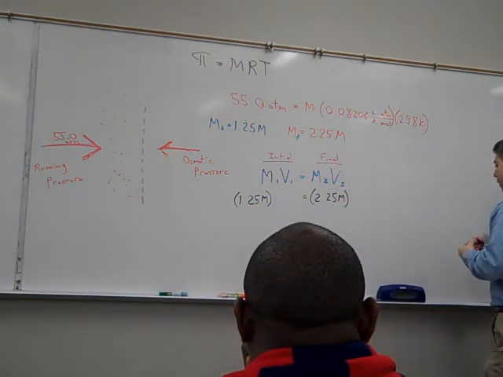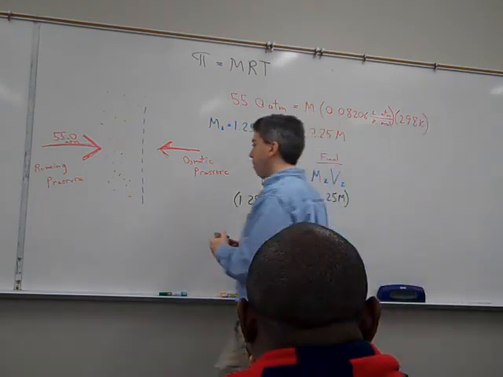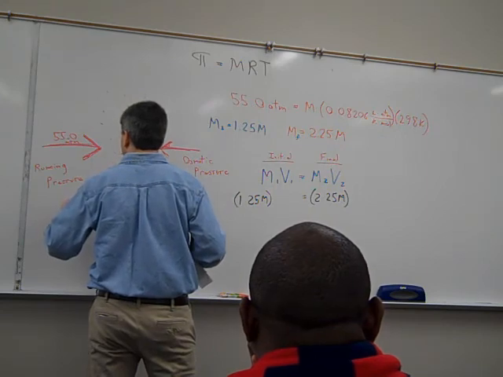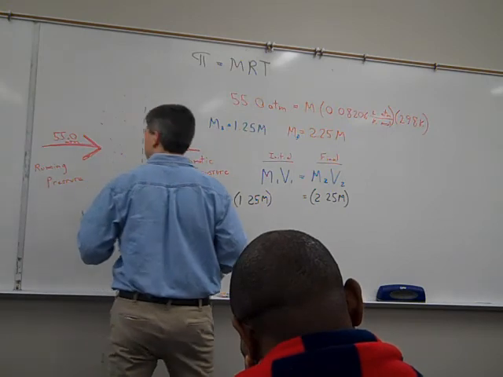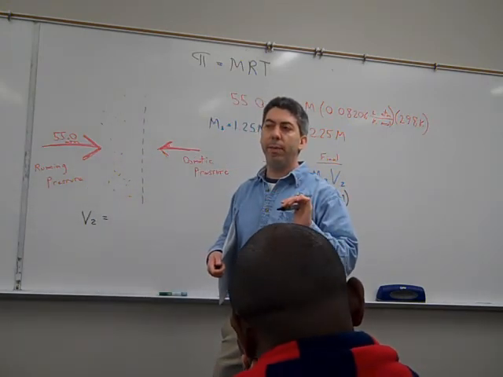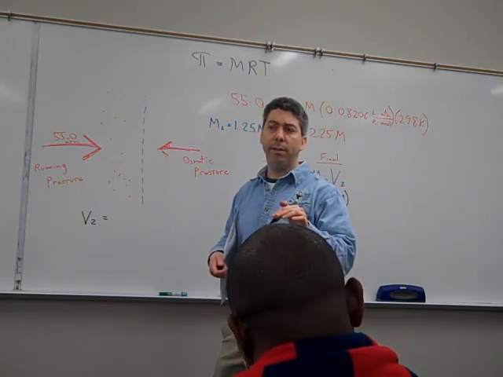Now here's the thing. If I want to squeeze out 17.2 gallons, that means that my final volume, volume 2, is going to have 17.2 fewer gallons, right? I'll have squeezed out 17.2 gallons, won't I?